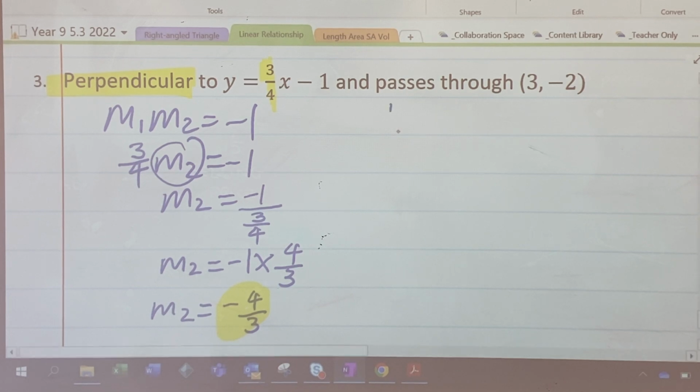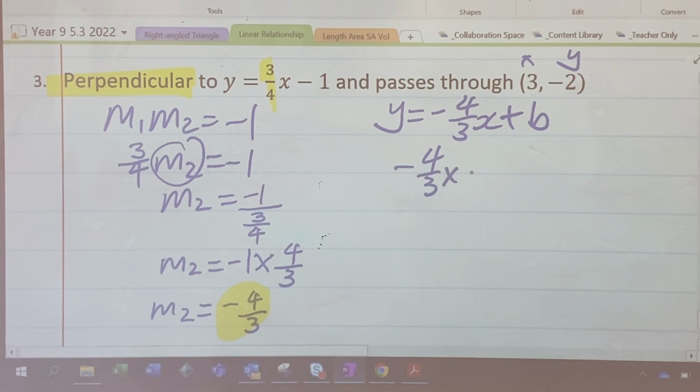So y equals mx plus b. Is it okay? What is x, y? That's the point. From here, no more new content, again last week's stuff.